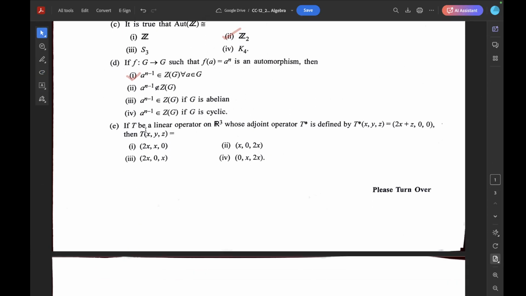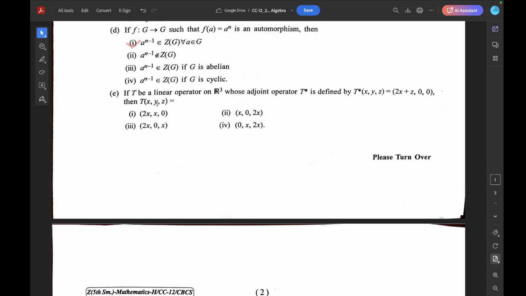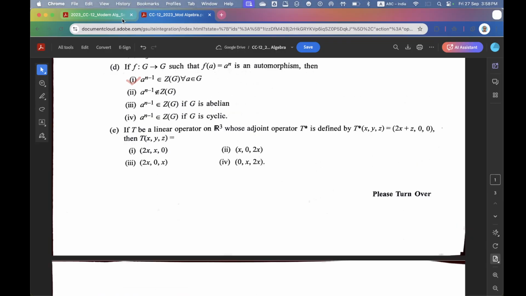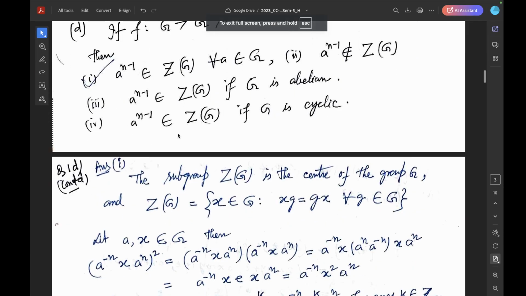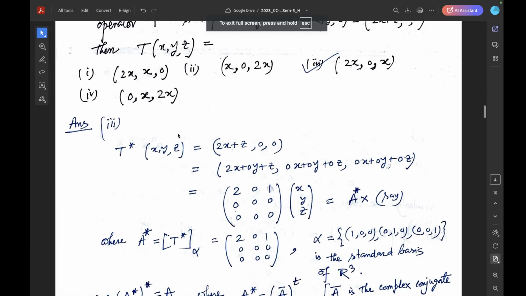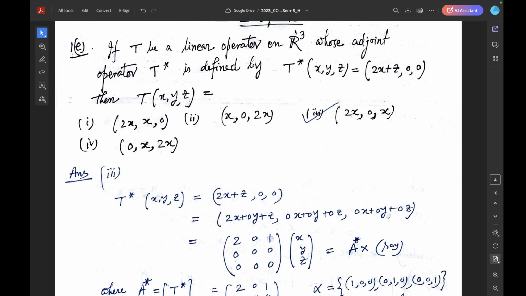Next question E. If T is a linear operator on R3 whose adjoint operator T star is defined by T star (x, y, z) equals (2x plus z, 0, 0), then T(x, y, z) is what? Here R3 is a finite dimensional real vector space.